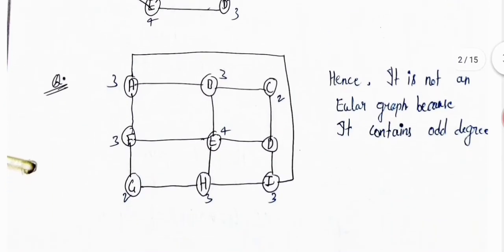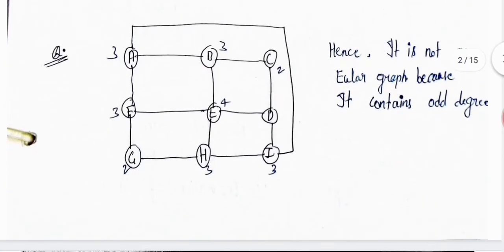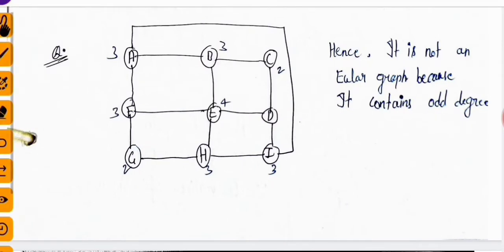And the last question is given here, where the vertices contain odd degrees as well as even degrees. But firstly we remember that if any vertex contains an odd degree, we directly say it is not an Euler graph.